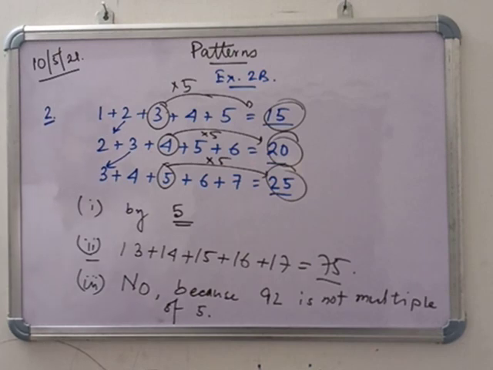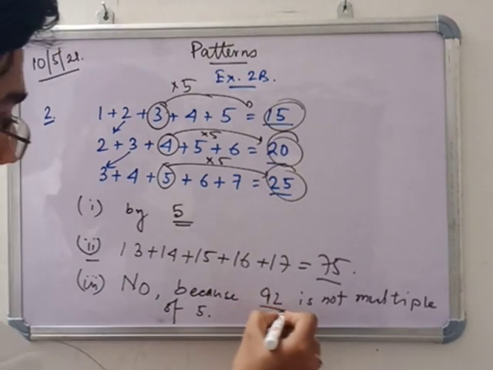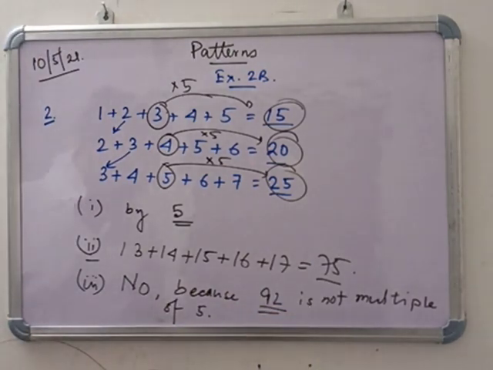That means this cannot appear here. Okay, so this is number 2. Now we are going to start number 3. Note it all down.